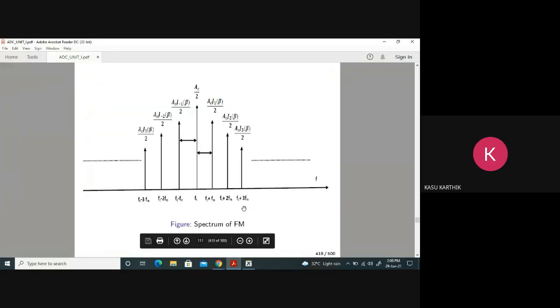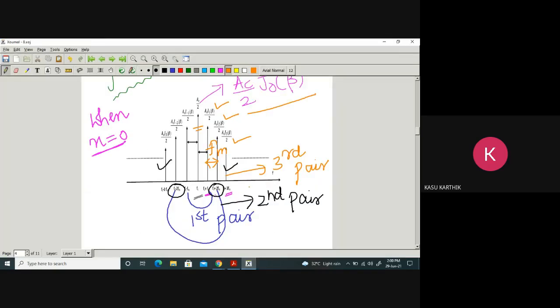Please remember, here we have an infinite number of sidebands. And one more thing: in the graph I have drawn, the amplitude of the sidebands is not the same. It is decreasing like this.